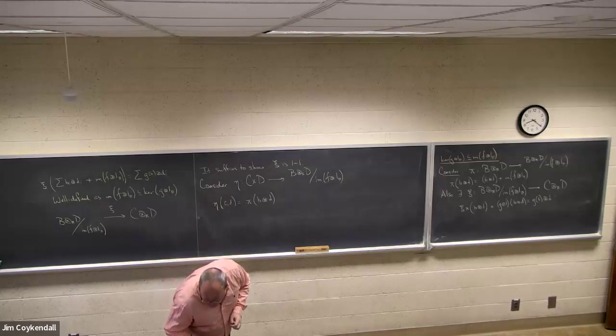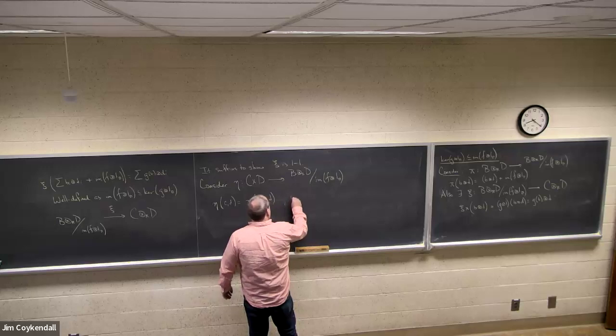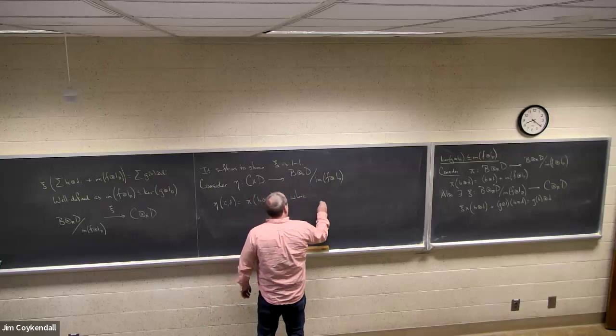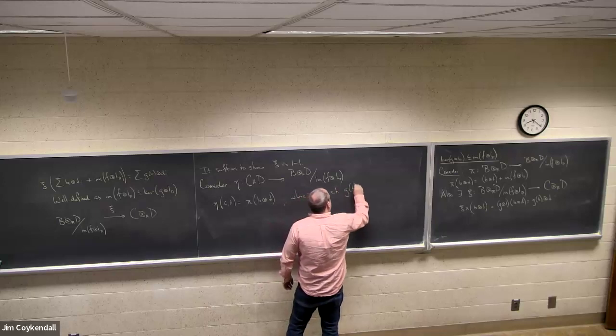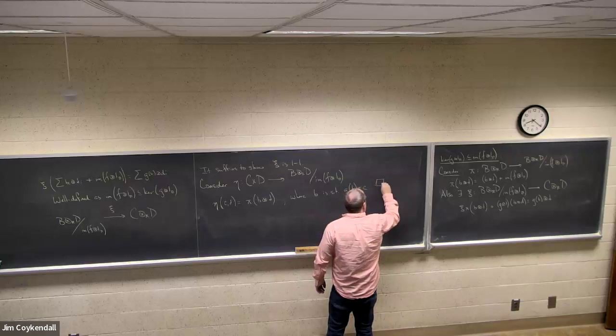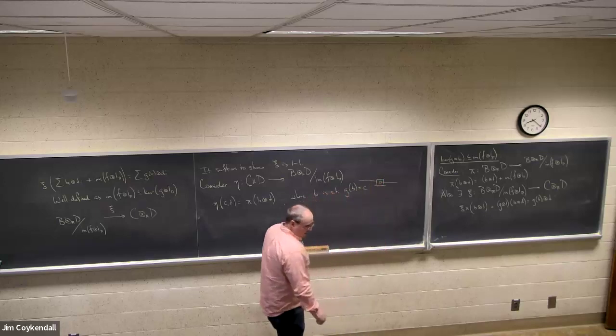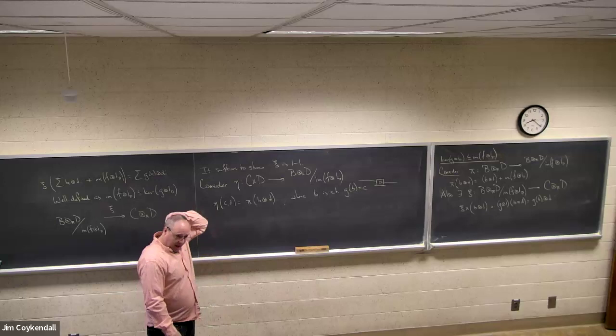And how do I determine b? b is such that g of b equals c. And there's a little alarm siren going off. Well-definedness, right? Because again, we need to worry about this being well defined.